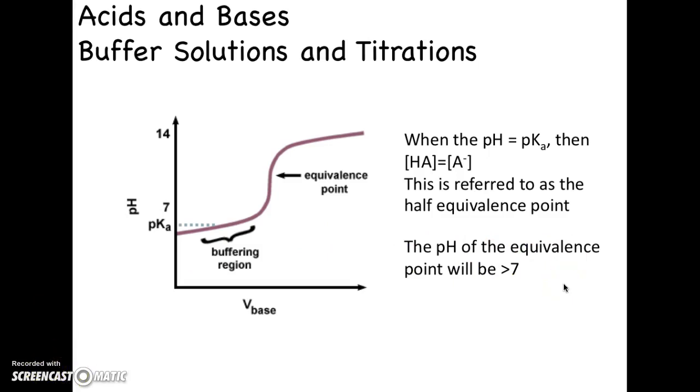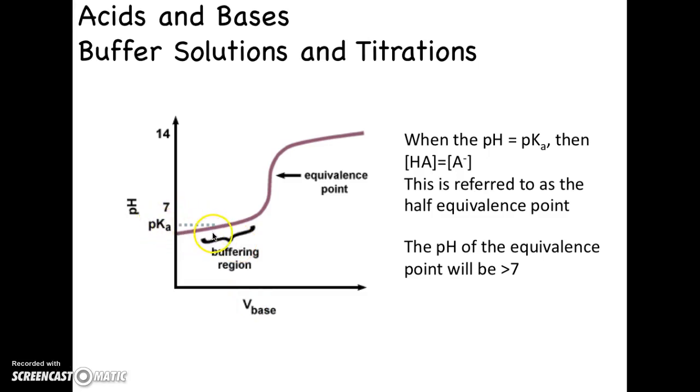Getting back to the titration curve that we've got in front of us, again, starting off with some sort of weak acid, you're adding a strong base to it, you're increasing the pH as you go up and towards the end. Interesting things to notice are, as I mentioned previously, the creation of a buffer, labeled here as a buffering region on the graph.